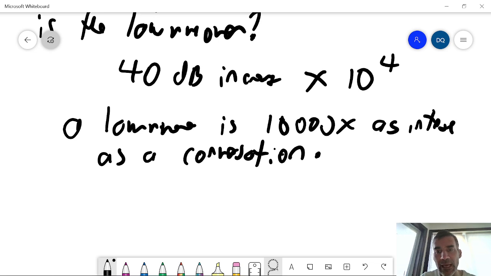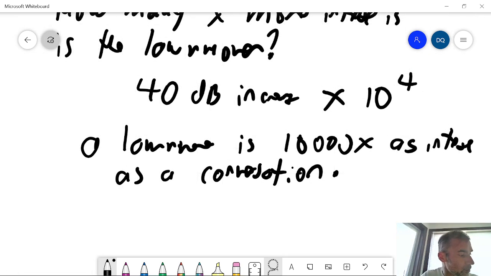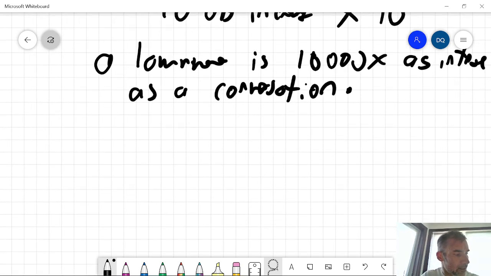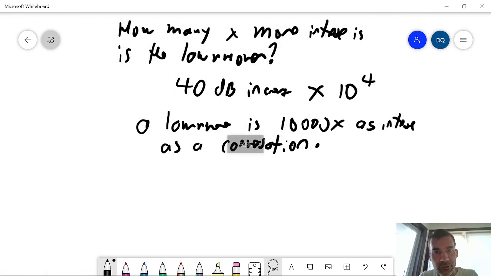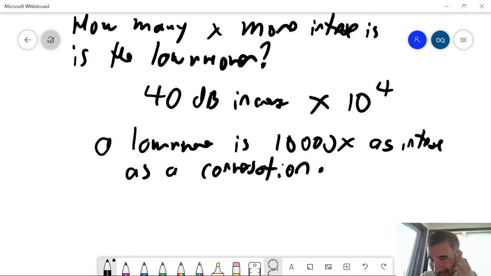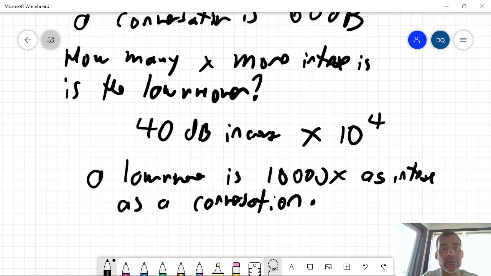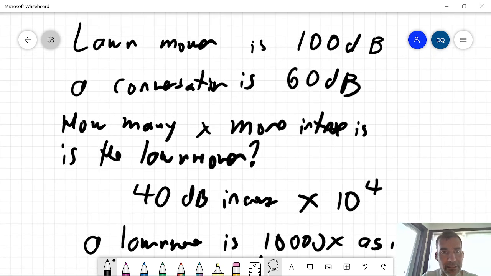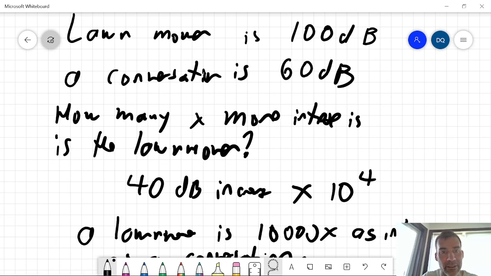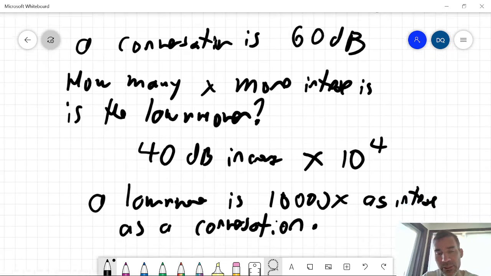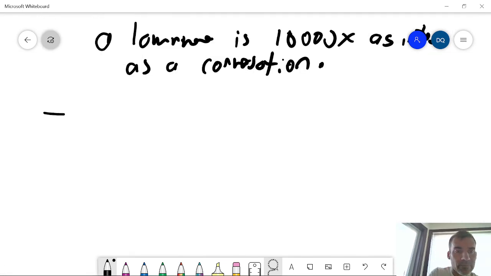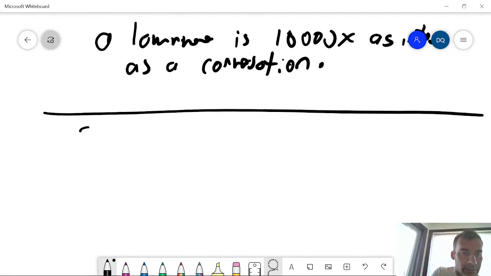Okay, and how do they compare to, so what is the actual intensity of them? So this is how they compare to one another. What is the actual sound intensity of a lawnmower, and what's the sound intensity of a conversation? So let's look at sound intensity.